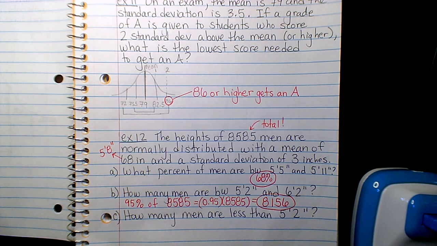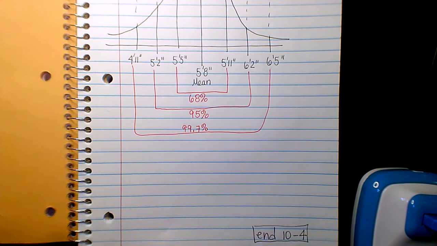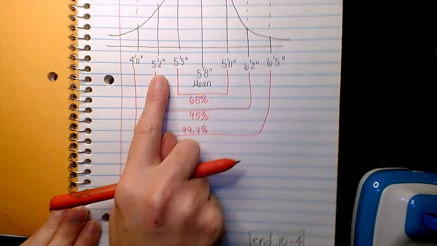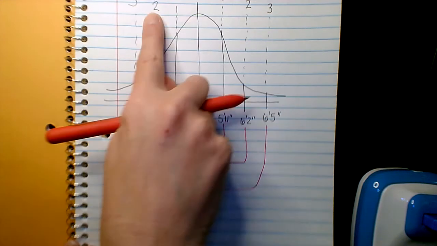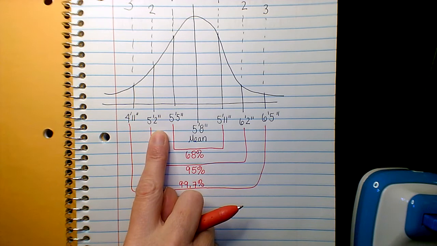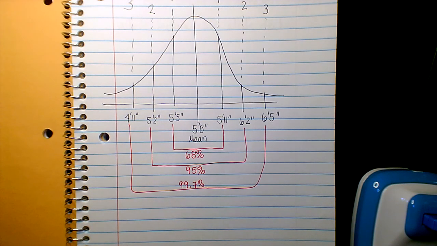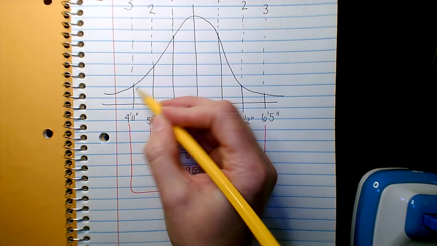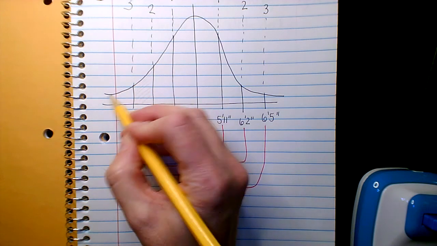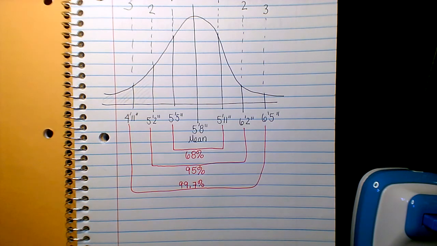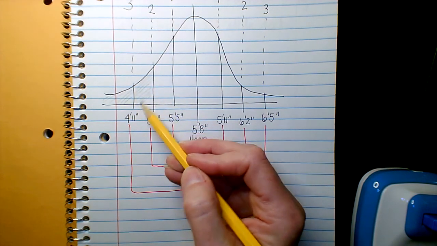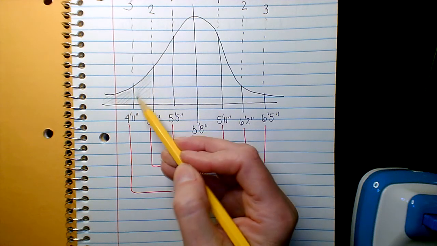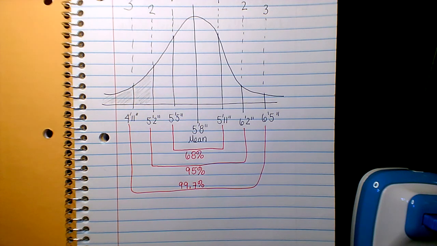How many men are less than 5'2"? This one's tricky. So here's the 5'2", right there at that second standard deviation below the mean. How many men are below that? So it's that region and that region. That's the 2 regions that are below 5'2".